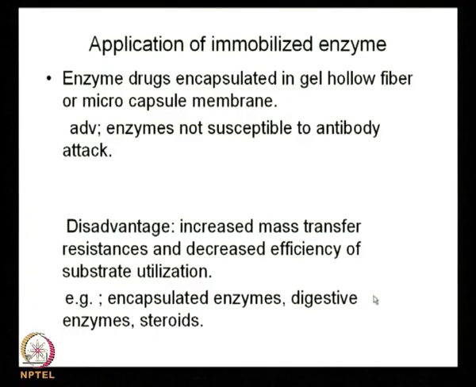So, what we will try and understand first is what these resistances are. One of the things that you understand is that the basic kinetics of the enzyme reaction still remains the Michaelis-Menten kinetics, which is what we studied. But because of mass transfer resistances, the kinetics that you see now is going to be the observed kinetics, this is a very important word to remember.